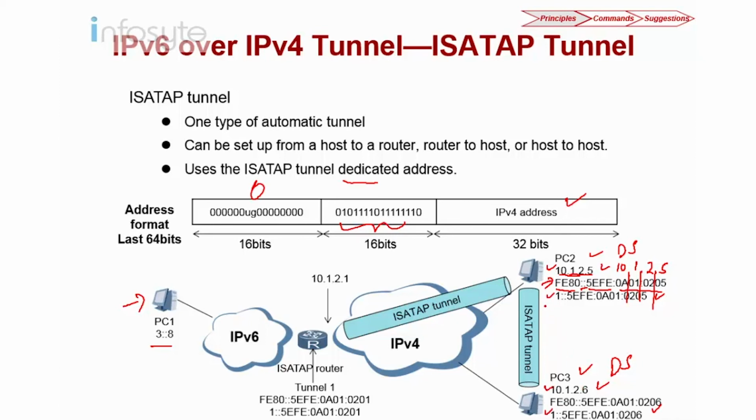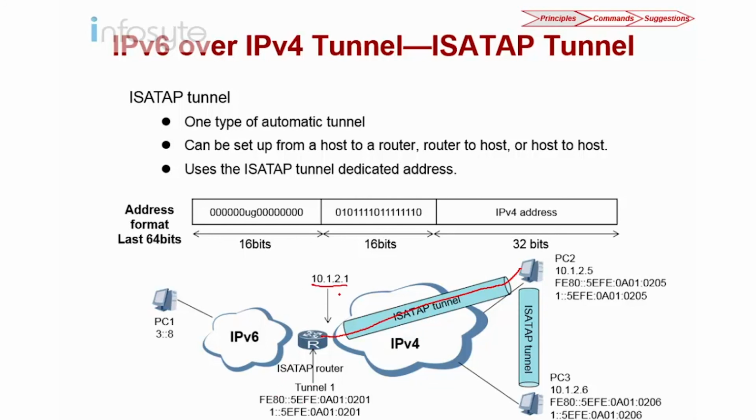So I have IPv4 and IPv6 over here. If they want to communicate, they can actually communicate via IPv4 or even via the ISATAP tunnel. Between the PC2 and the ISATAP router, they actually tunnel through the ISATAP tunnel over here. Same for the routers here.